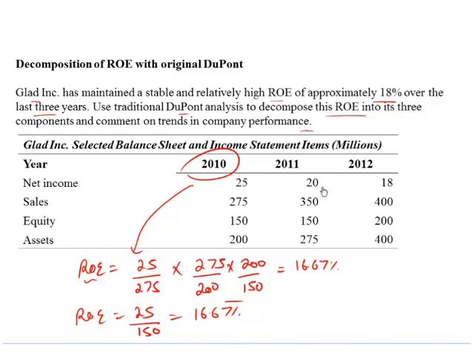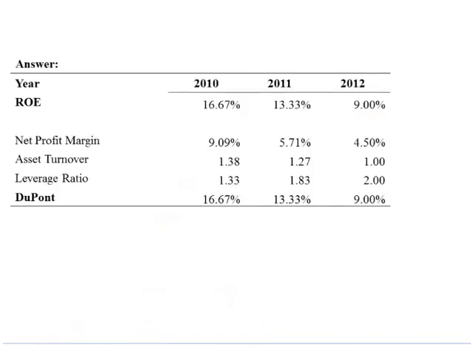So similarly, we can break up the ROEs for 2011 and 2012 and derive that for 2010, the 16.67% was a product of a 9% net margin, a 1.38 times asset turnover, and a leverage ratio of 1.33.